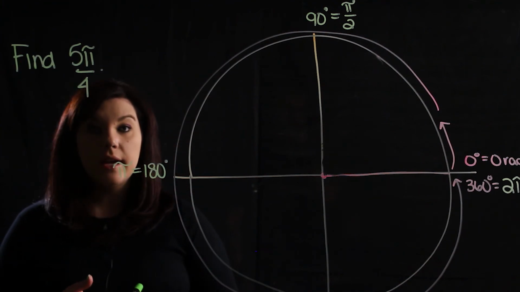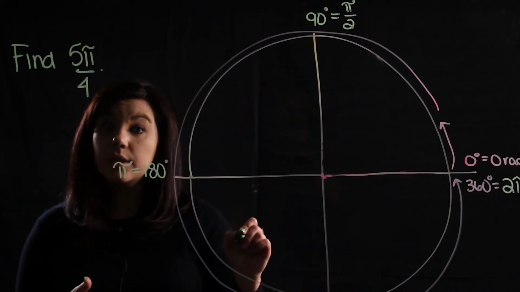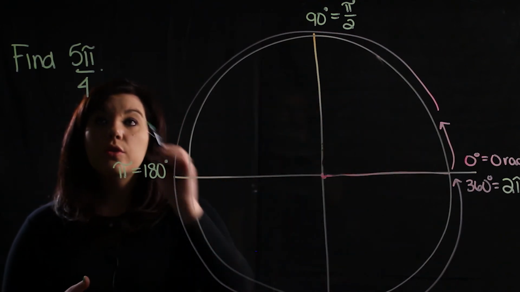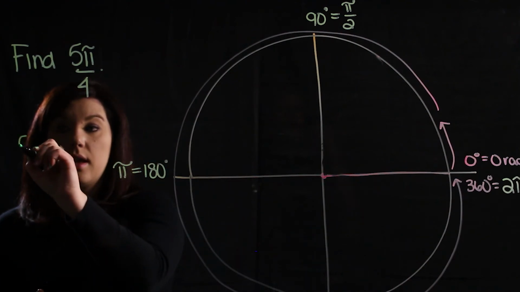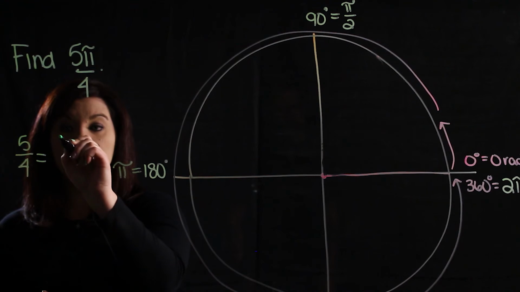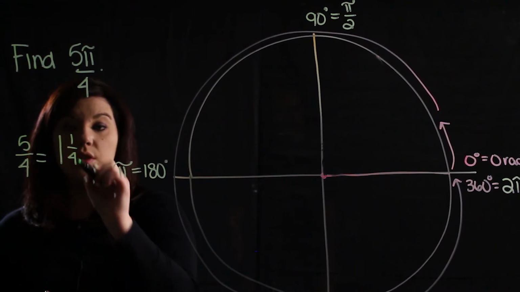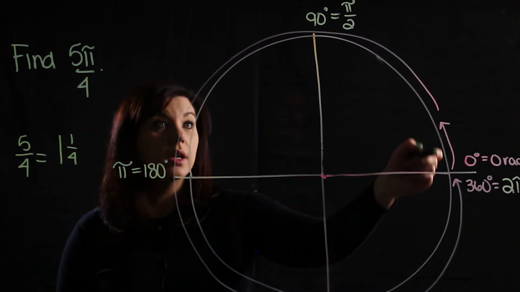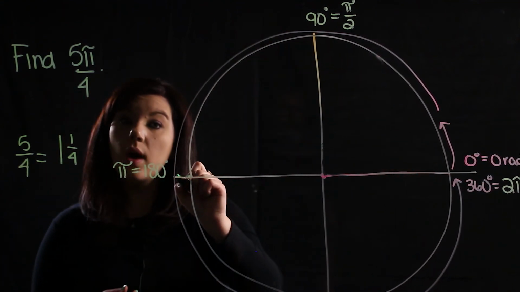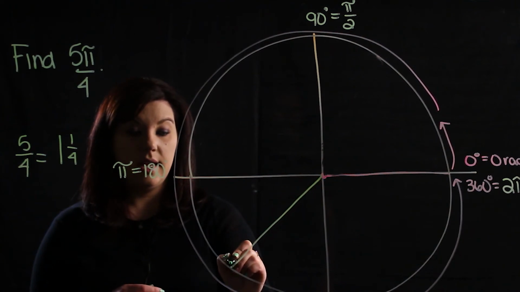So if we have 5/4 of pi, we know that we're going to go pi and a little bit more. Sometimes it helps to think of it as a mixed number. 4 goes into 5 one whole time with 1 left over. So 1 1/4. So we're going to go 1 pi and 1/4 of another one, which puts us right here on the unit circle.